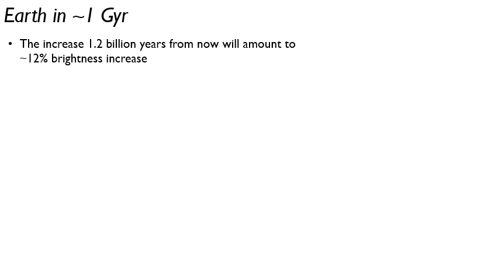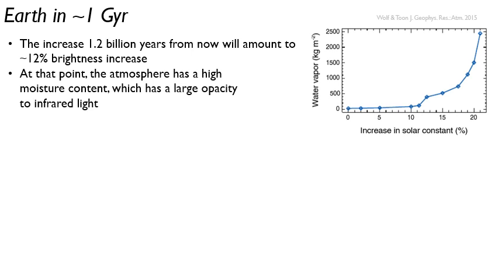Okay, so what happens a billion years from now? So we know that our brightness is increasing roughly 1% every 100 million years. So then about 1.2 billion years from now, there will have been about a 12% brightness increase. That's kind of a critical point, because here what we're looking at is the increase in solar luminosity in percentage.